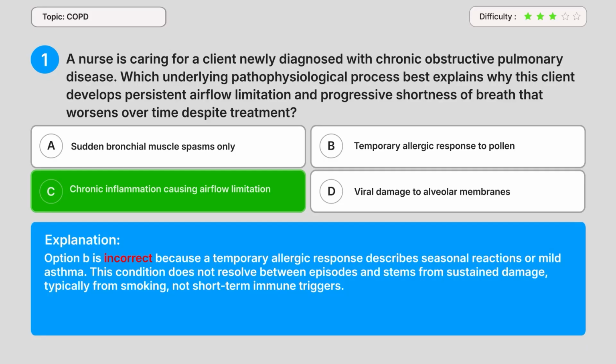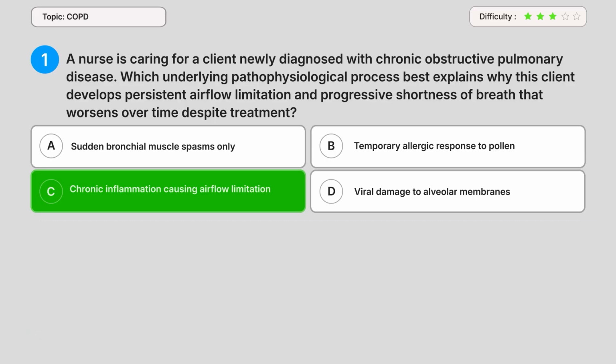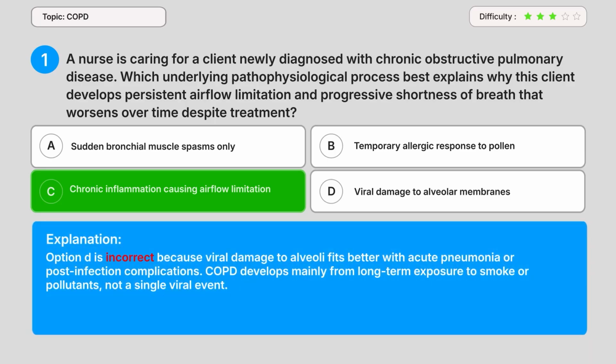This condition does not resolve between episodes and stems from sustained damage, typically from smoking, not short-term immune triggers. Option D is incorrect because viral damage to alveoli fits better with acute pneumonia or post-infection complications. COPD develops mainly from long-term exposure to smoke or pollutants, not a single viral event.